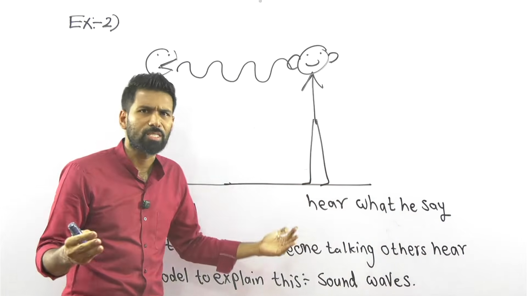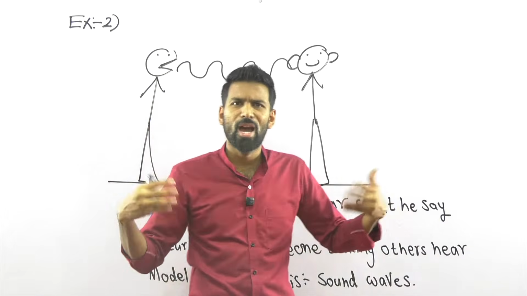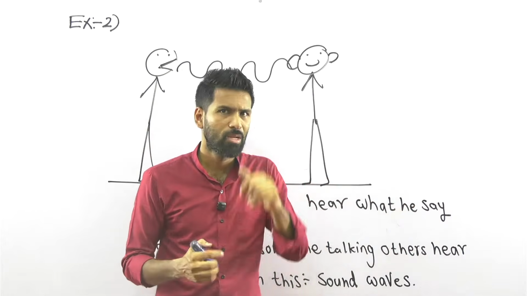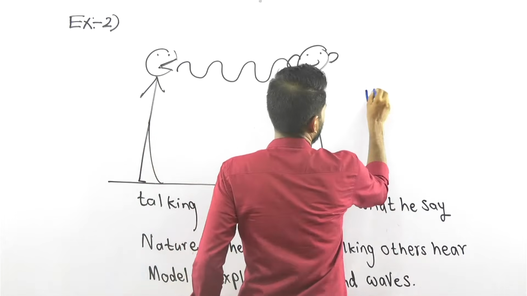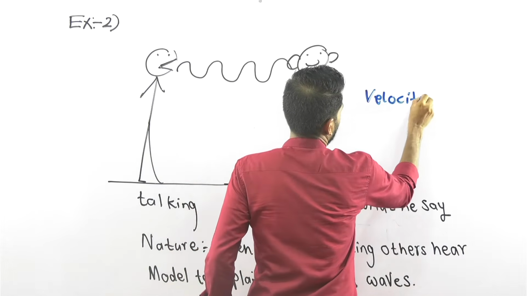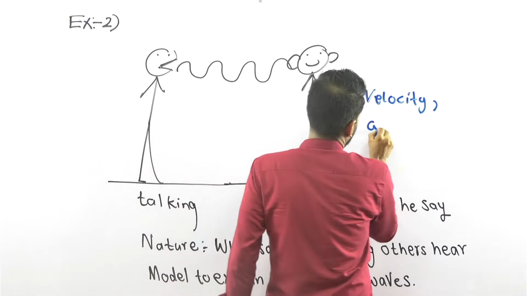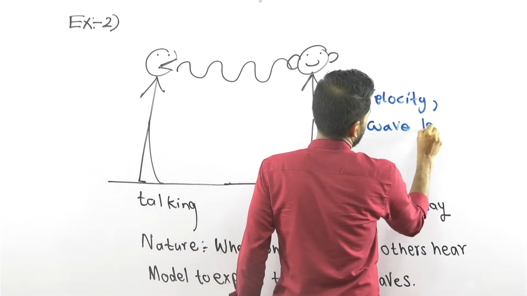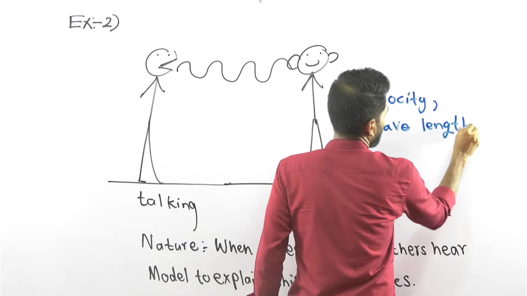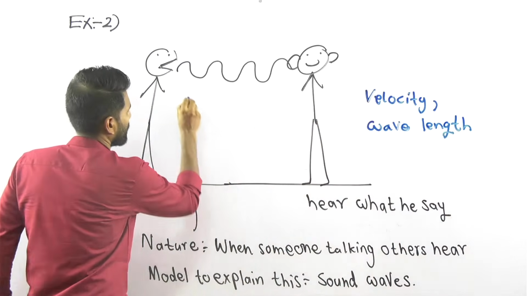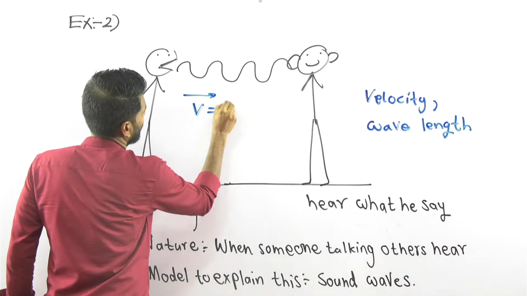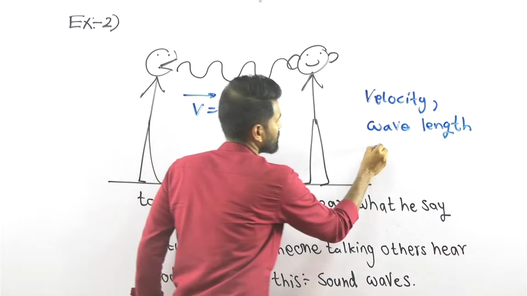So what are the words we use when we are handling sound waves? Sound velocity, and then wavelength, just write them. What are the equations? Velocity is equal to f lambda, where f is the frequency.